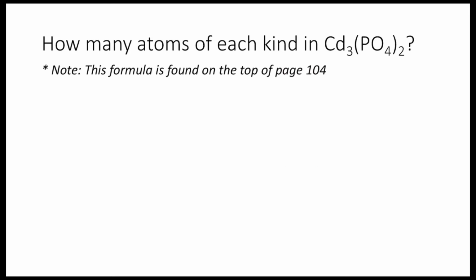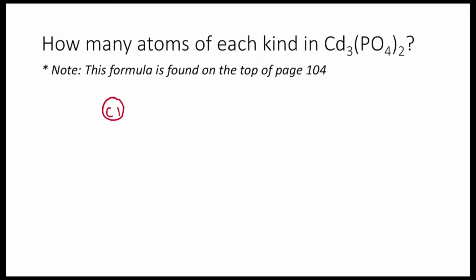Something that's a little bit more complicated is cadmium phosphate, which can be found on the top of page 104. We've given you a more complicated example just so that you're able to apply what you know. You can see that there's a little subscript next to cadmium, which is Cd. This tells us we have 3 of those.